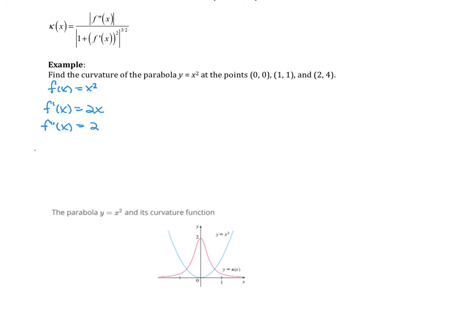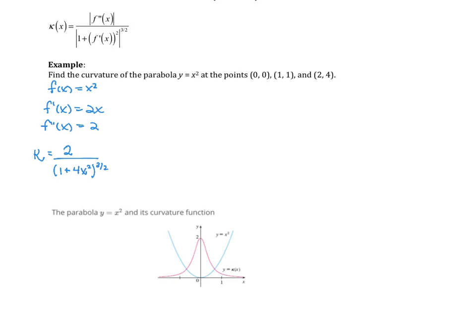All right, so let's do our curvature formula. So curvature would be the magnitude of the second derivative, which is just 2, divided by the square root of 1 plus 4x squared to the third power, or we can write it as 1 plus the first derivative squared, so that'd be 4x squared, to the 3/2 power. That's using my curvature formula.